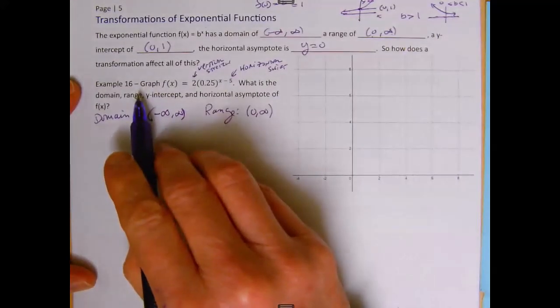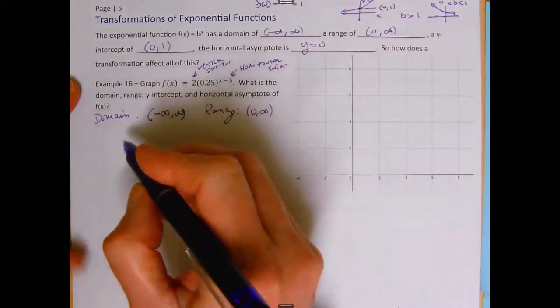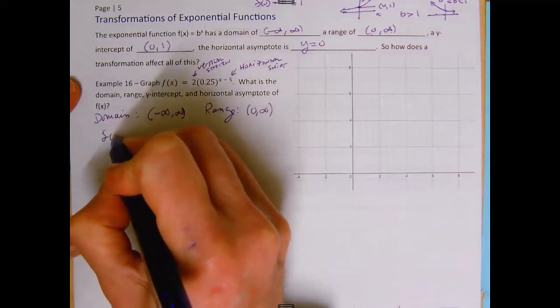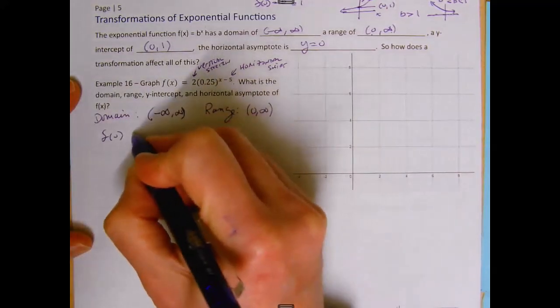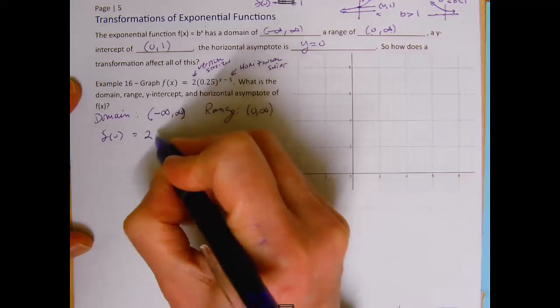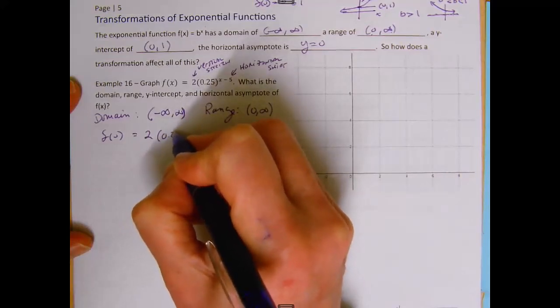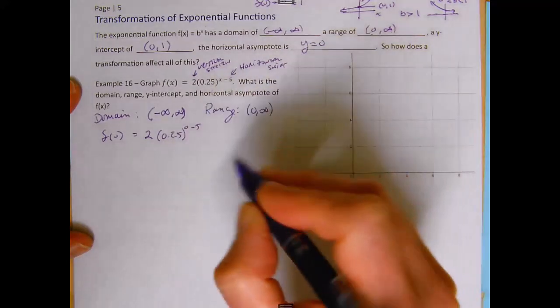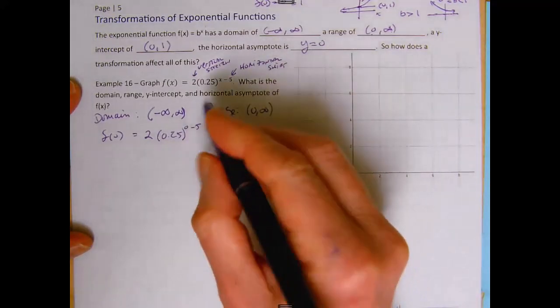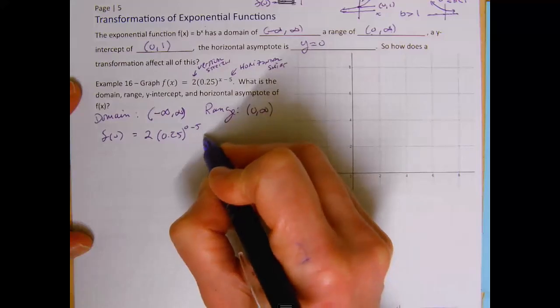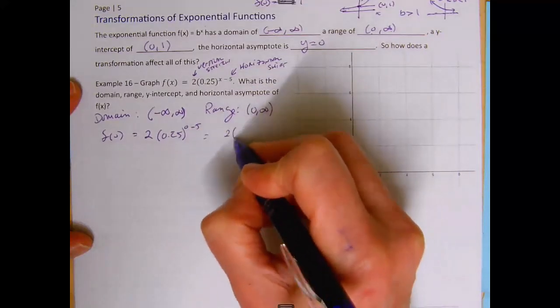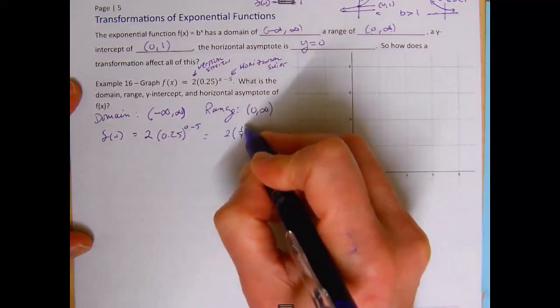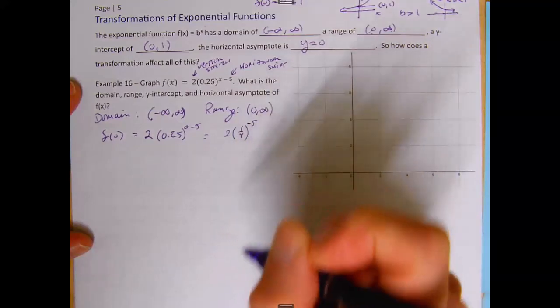What about the y-intercept? Well, I think the easiest thing to do for this scenario is just to enter a 0 for x and then evaluate like so. And then what we're going to have is the following. 2, and again, a quarter is 1/4 to the negative 5th power.